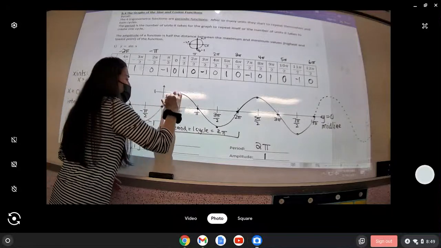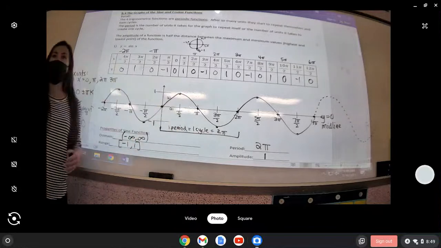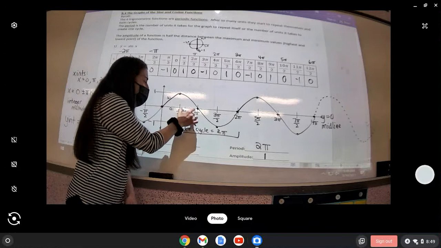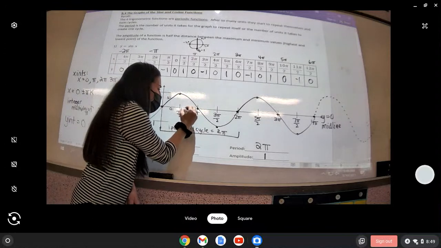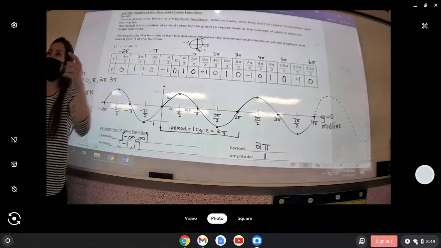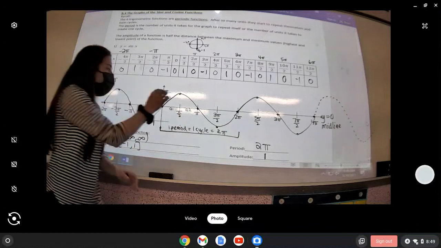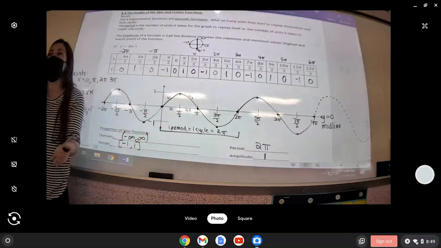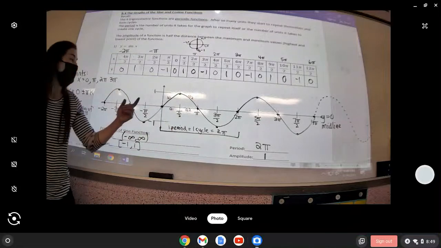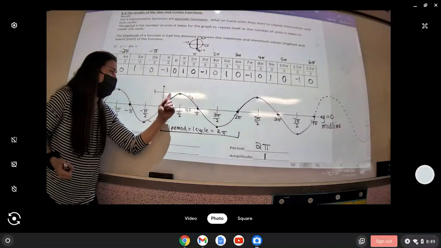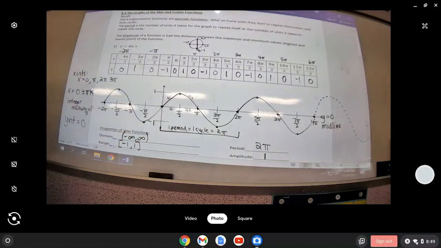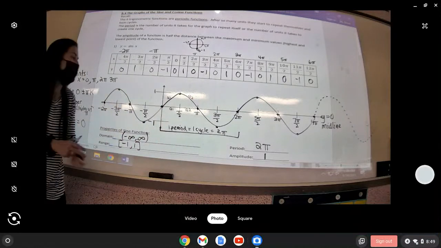And then on this leg of the graph, those were your quadrant 1 ratios that would have come out, that would have lived on the unit circle. From pi over 2 to pi, that's quadrant 2 angles. That's our second subinterval, right? And then on this leg of the graph, those would have been your quadrant 2 ratios. And if you remember, the sine ratios are positive in quadrant 1 and quadrant 2. Hence why his graph is in the positive for quadrant 1 and quadrant 2 angles.